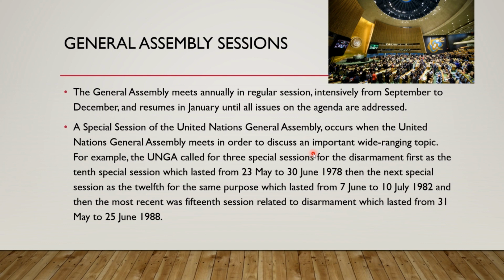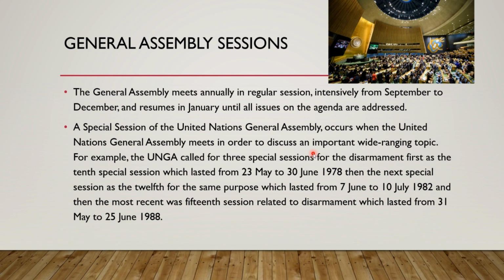A special session of the United Nations General Assembly occurs when the General Assembly meets in order to discuss an important wide-ranging topic. For example, the UNGA called for three special sessions for disarmament, first the 10th special session, which lasted from 23rd May to 30th June 1978.